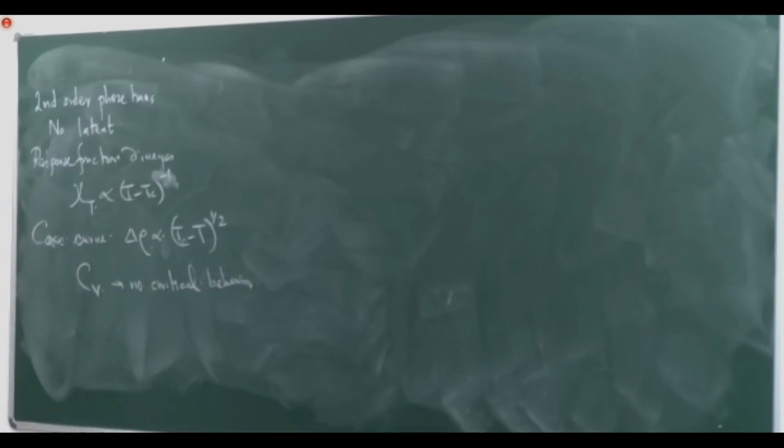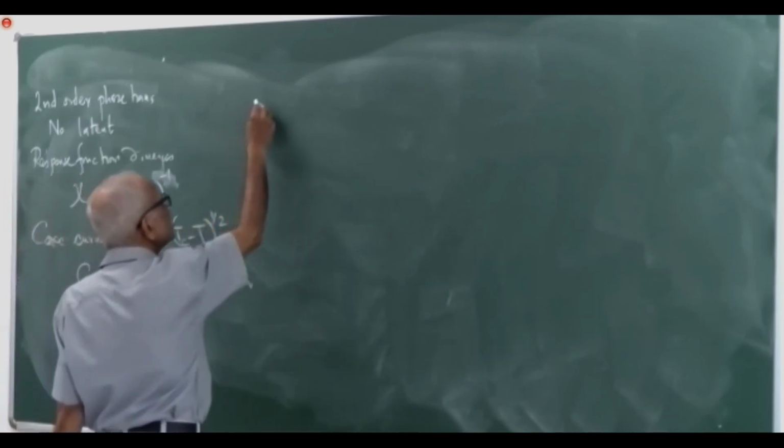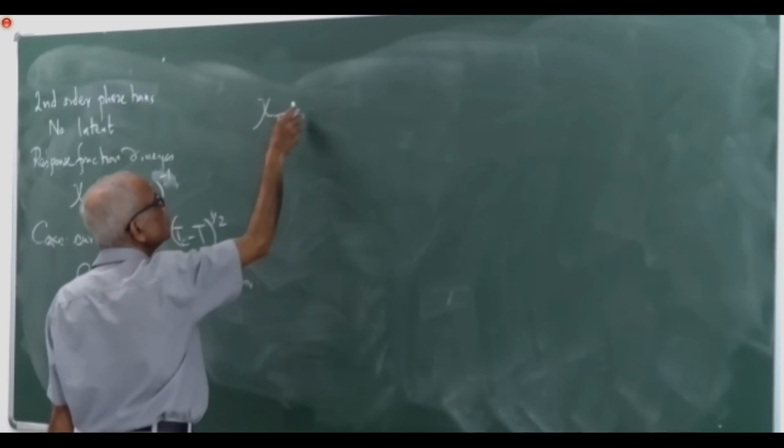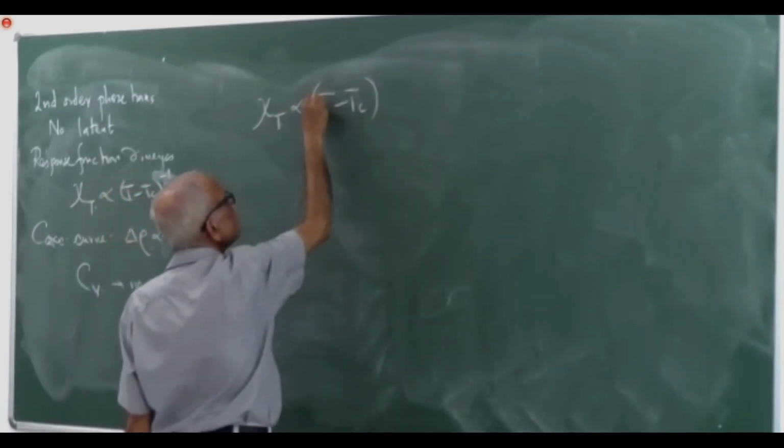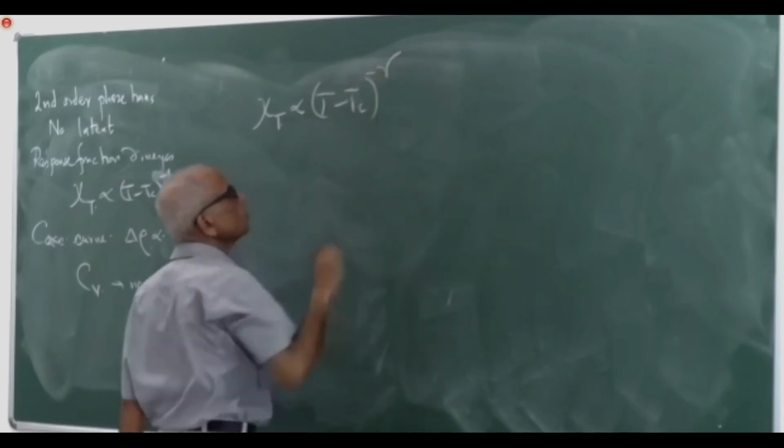So the phenomenology: there is going to be some number, and these exponents would have to be given some kind of nomenclature. The nomenclature is that the isothermal susceptibility diverges near the critical point with an exponent gamma.